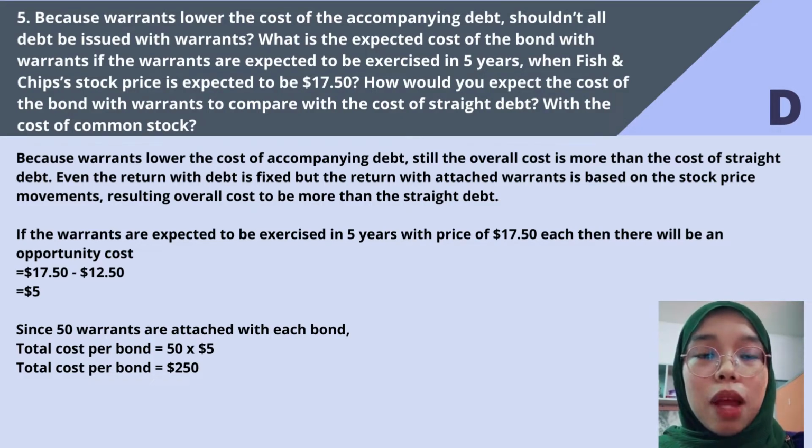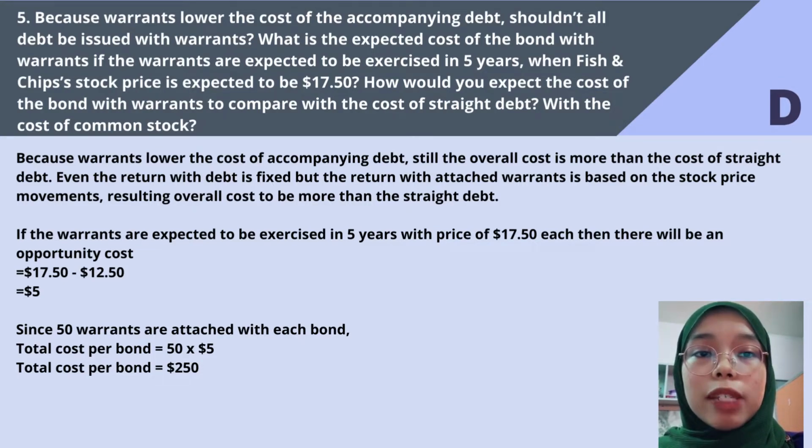The answer is that although warrants lower the cost of the accompanying debt, the overall cost is still more than the cost of straight debt. The return on debt is fixed, but the return on the attached warrants is based on stock price movement, resulting in an overall cost higher than straight debt.